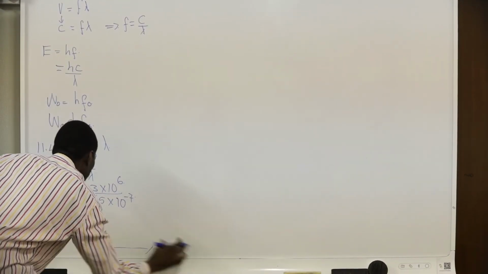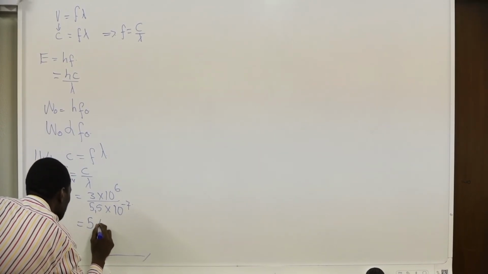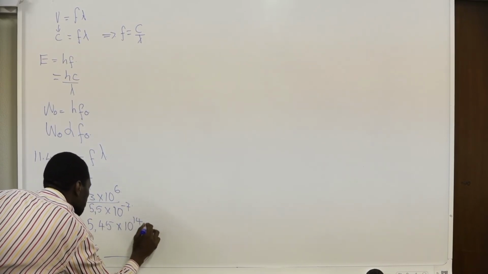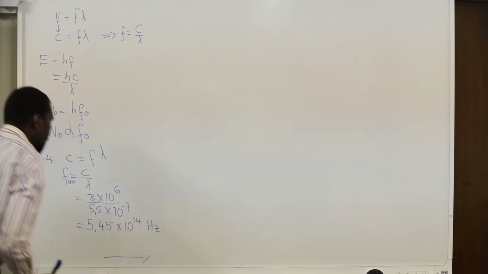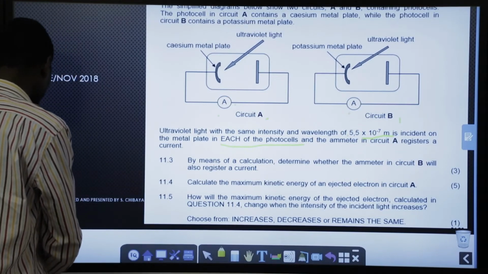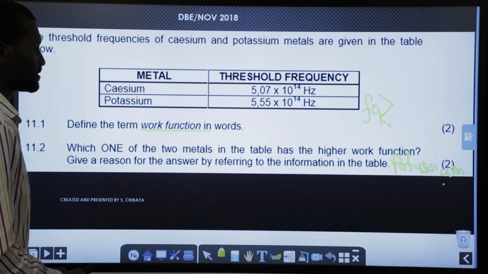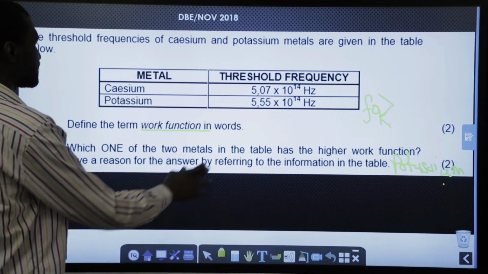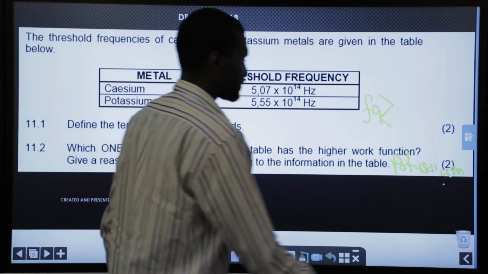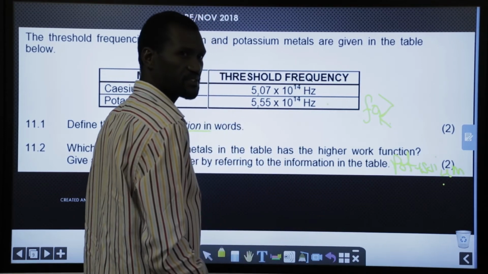If we are going to compare 5,45 to 5,55, this frequency is less than that frequency.